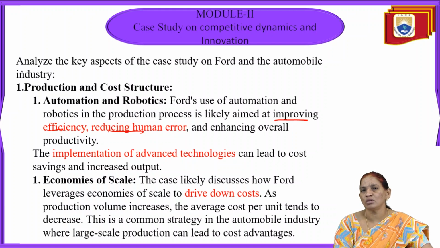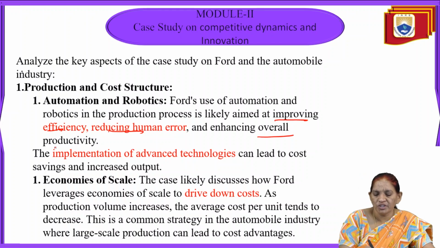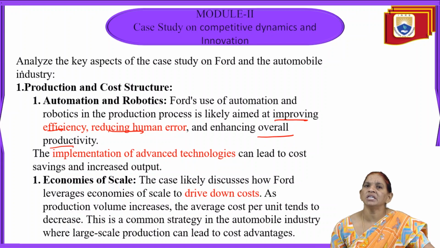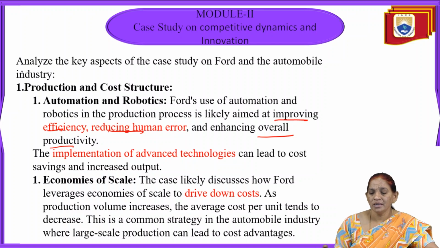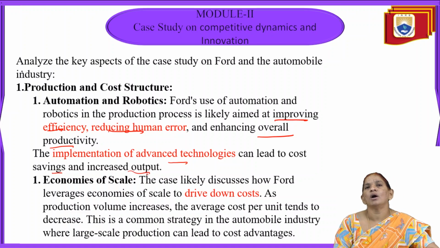Once human errors are minimized, when the machinery is working perfectly, we are able to identify 99.99% accuracy in production, maybe related to quality or overall productivity and efficiency. By utilizing this automation and robotics, the organization enhanced overall efficiency in production and implemented advanced technology which led to cost saving and increased output.